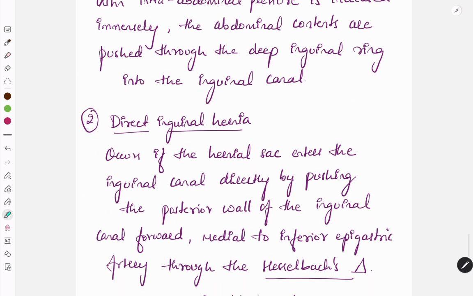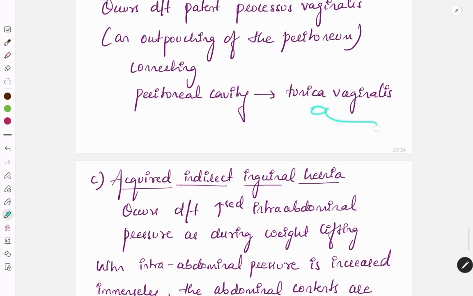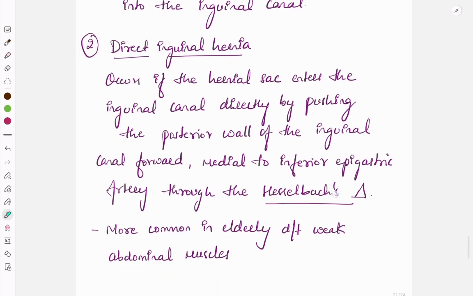So this was all about indirect hernia. What do you know in indirect hernia? The abdominal contents come out through the inguinal canal, entering through the deep inguinal ring. Next is the direct inguinal hernia.